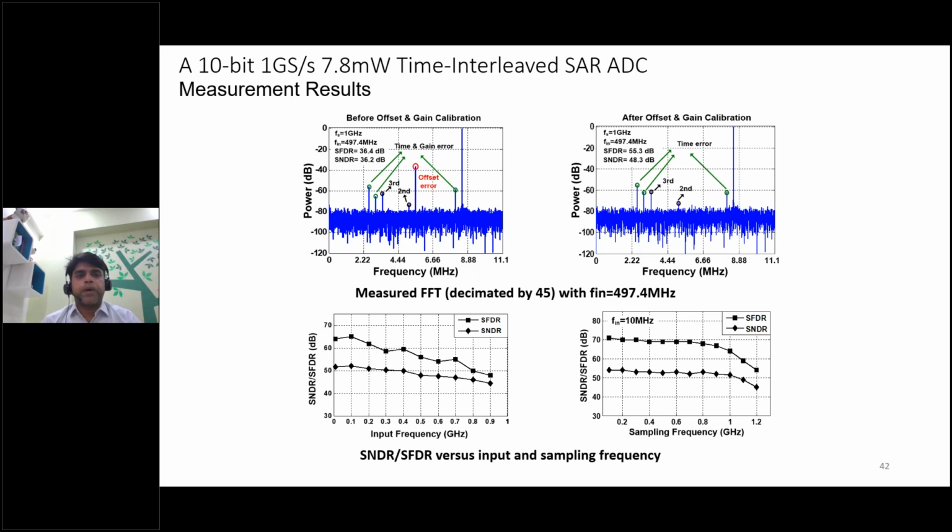But look at the power consumption: it's 7.8 milliwatt. It's ridiculously low. If in 2010 someone had claimed that they could make a 10-bit, 1 GSPS ADC in 7.8 milliwatt, we would have laughed. But this is a reality.